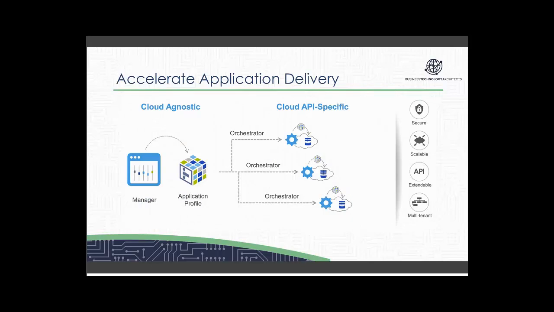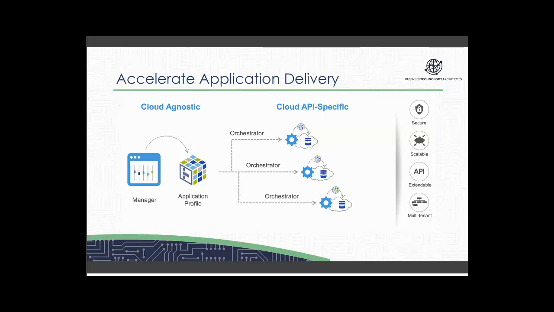Now, this application profile is delivered by the CloudCenter Manager, and the way that this application is delivered is through the orchestrators. CloudCenter's patented technology in the orchestrator, in this example, we have 3 orchestrators split out, and it's 1 orchestrator per cloud. The job of that orchestrator is to take that application profile and translate individual settings such as the VM instance settings and the networking settings.